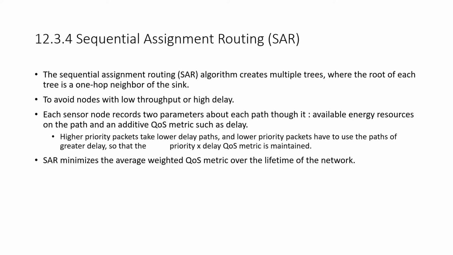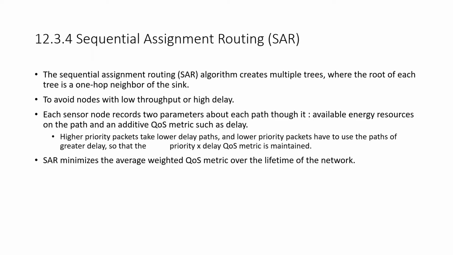Each sensor node records two parameters about each path through it: the available energy resources on the path and an additive quality of service metric such as delay.